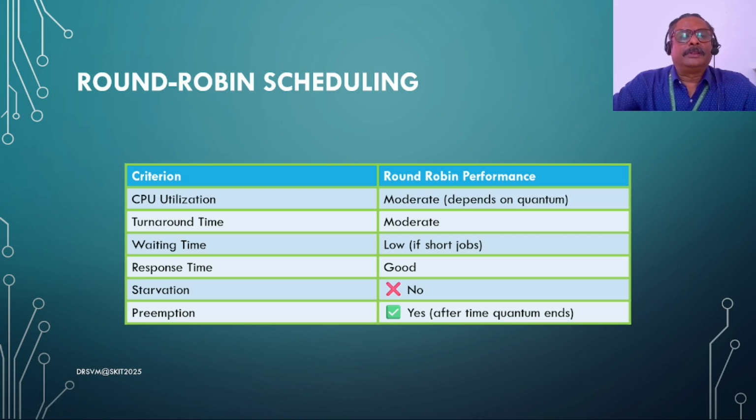That means if there are n processes in the ready queue, then the response time can be a maximum of n minus 1 times the time quantum. That is for the last one in the loop, which may have to wait n minus 1 times for getting its turn. So response time is very good. Definitely no question of starvation, and yes, preemption is required for that.